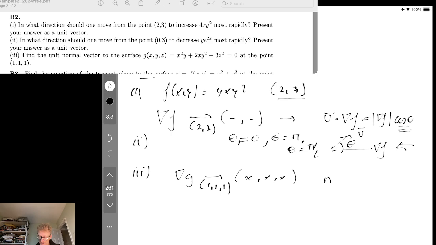The normal vector, you have to think about where that is if you have a surface, right? What's the direction of the normal vector? So you know that when you're in the plane, say g is 0, then the vectors are tangent, and you are looking at the normal vector.